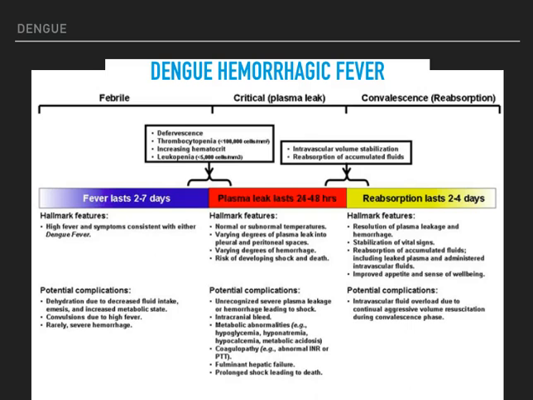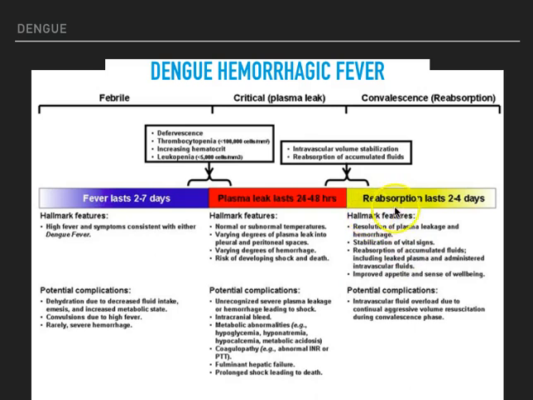These patients can have severe complications, including hemorrhage or shock because of that severe plasma leak. They can also get metabolic abnormalities like hypoglycemia, electrolyte disturbances, metabolic acidosis, and coagulopathy, which can lead to intracranial bleeding and massive GI bleeding. These patients can also go on to have fulminant hepatic failure.